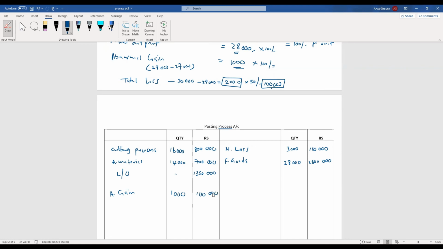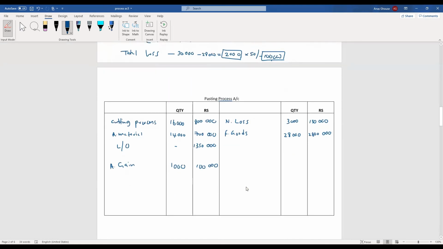It will be transferred to the abnormal gain account. Once you take the total here, the total will be 31,000 units and the total cost will be 2,950,000.